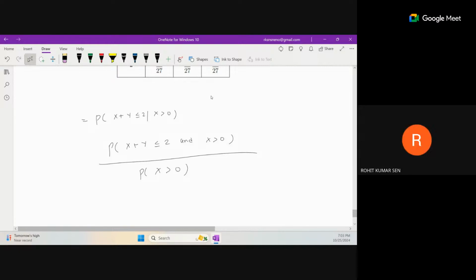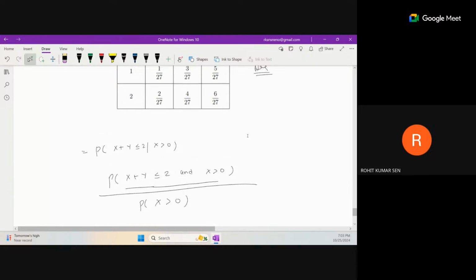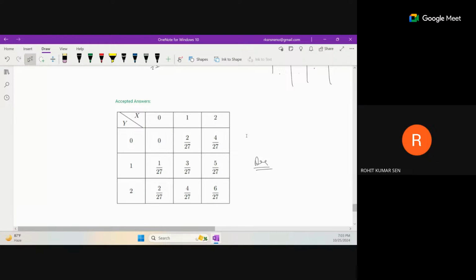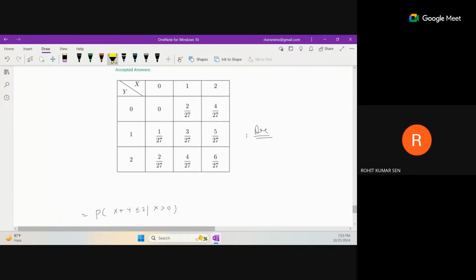Yeah. So now see this part. My x plus y should be lesser than or equal to 2, and my x should be greater than 0. So I will go to the table here and see.